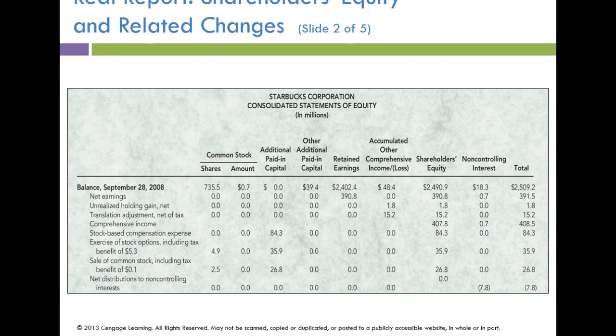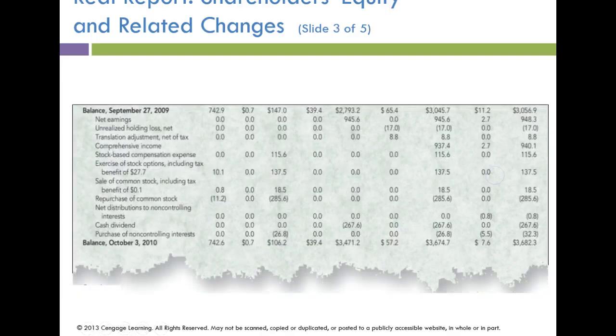The shareholders' equity and related changes. So here we've got, again, the way we're spelling it out as of September 28th, we're just showing the breakdown like we had in the other slide, how we've got it broken down: our earnings, our unrealized gains, translations, all the various amounts.